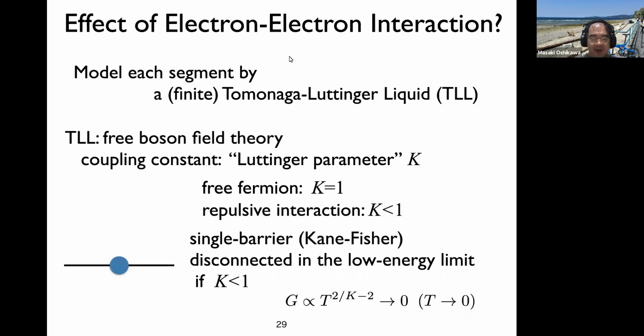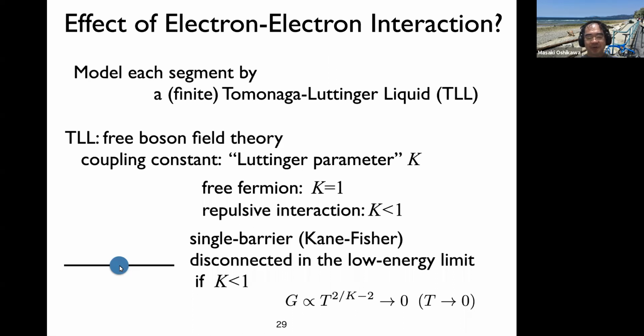And there is a seminal paper by Kane and Fisher a long time ago. They studied transport through a single barrier in a Tomonaga-Luttinger liquid. And if you have repulsive interaction between fermions, then K is less than 1. In that case, even a very weak barrier, very small backscattering, is relevant.